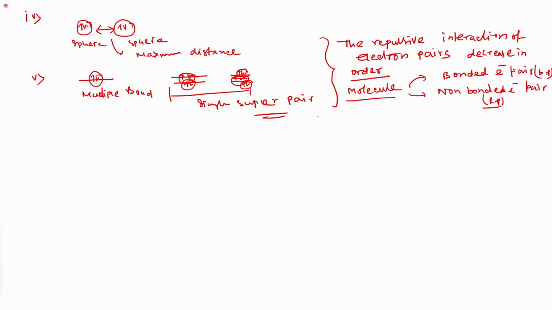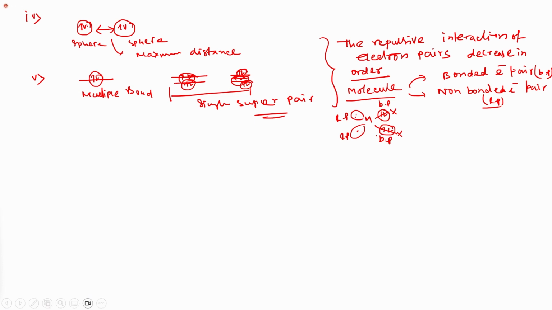Suppose this is a molecule, let us consider. These are the bonded electron pairs, and these are the lone pairs.